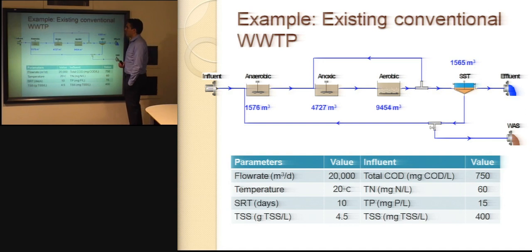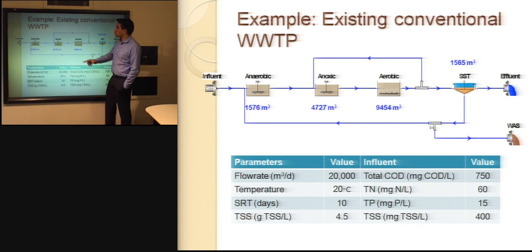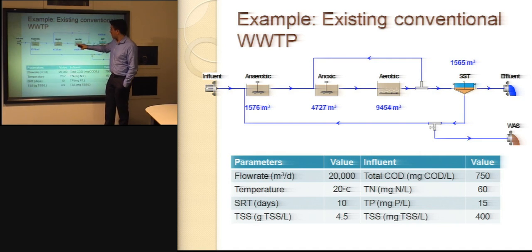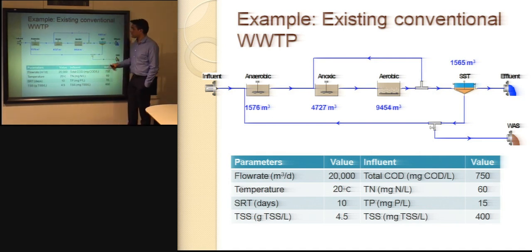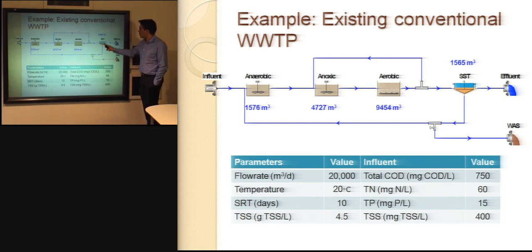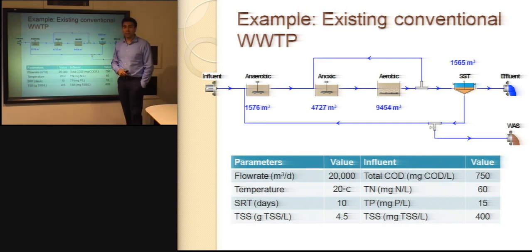Here we have one activated sludge system with a configuration composed of an anaerobic tank, followed by one anoxic tank and one aerobic tank. Basically, the typical configuration used for nitrogen and phosphorus removal in an activated sludge system. Besides these tanks, it also contains one secondary settling tank, which is an important component in all activated sludge systems.